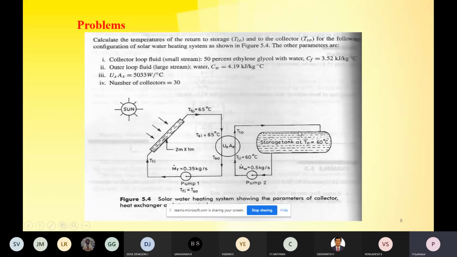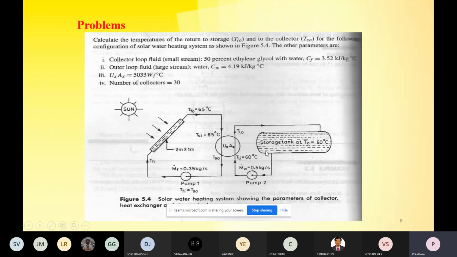And with respect to the storage tank, this is the load outlet temperature. It is flowing in the opposite direction; if you see the arrows, this fluid is flowing in the opposite direction with respect to the load. So this is the load outlet temperature, and TLI is the load inlet temperature.